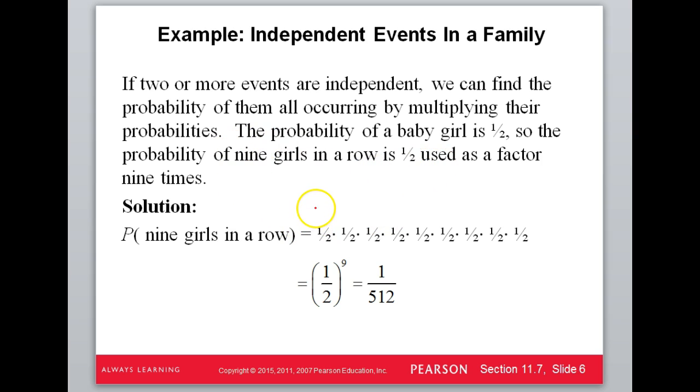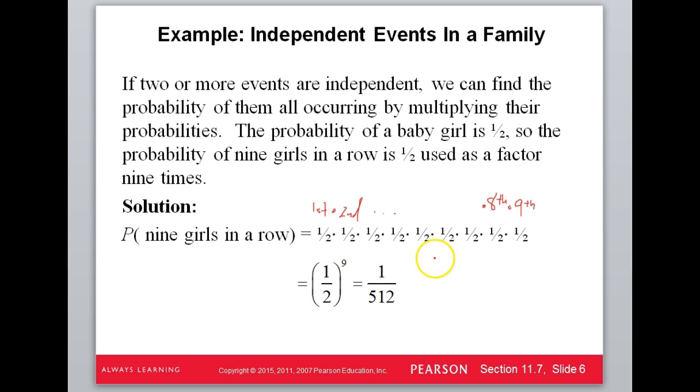Well, it's the first, the second, the third, and so on, the 8th and the 9th. All of them have equal probability of a half, so we end up multiplying all these together. So a half times a half times a half times a half. The easy way to multiply repeatedly is to use the exponent. So 1/2 to the 9th power.